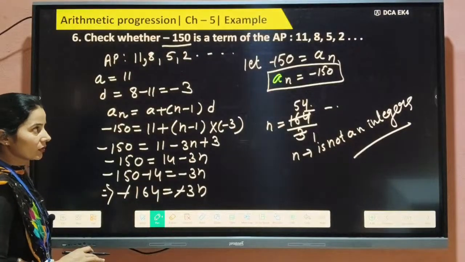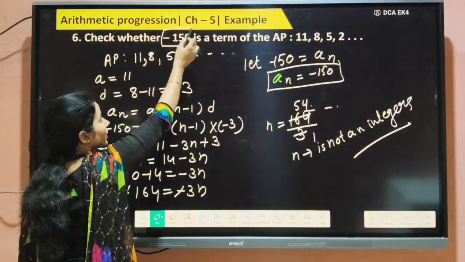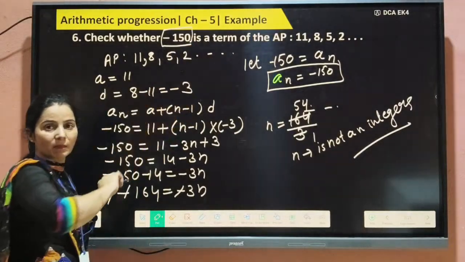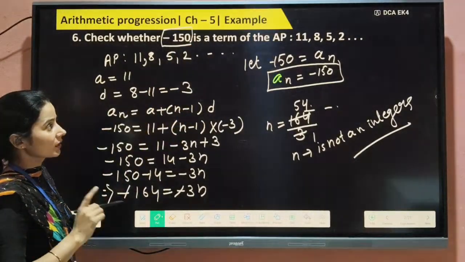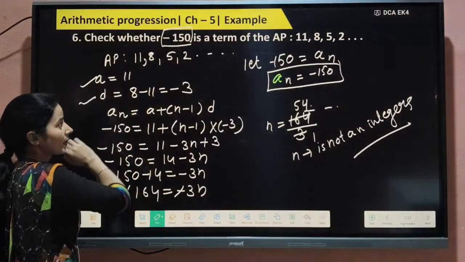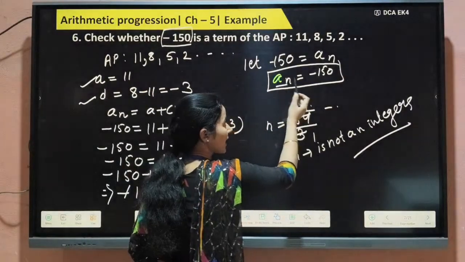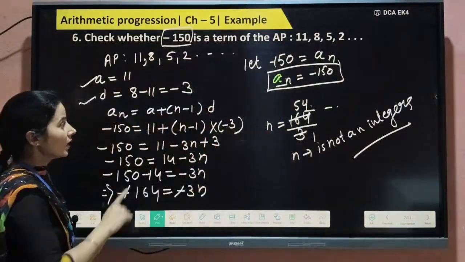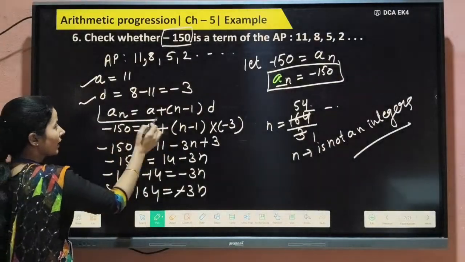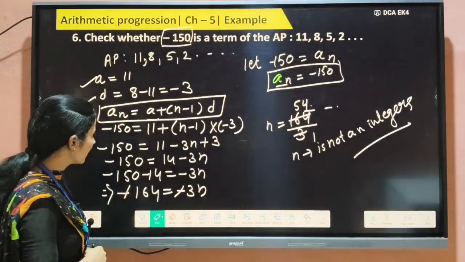What was the question? We need to check whether this minus 150 will be any term of this AP or not. For that we need to find out from this AP the a and common difference d. Let us consider this minus 150 is the nth term of this AP. The nth term formula we know, an equals a plus n minus 1 into d.